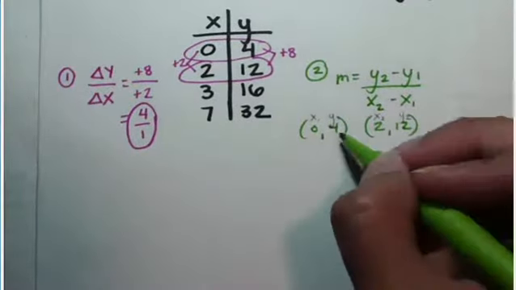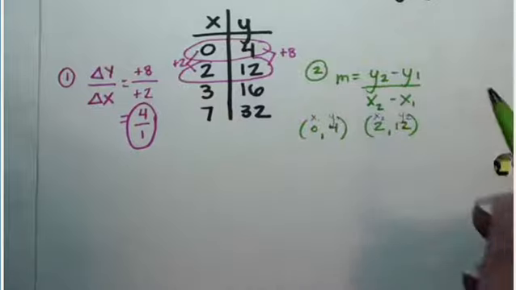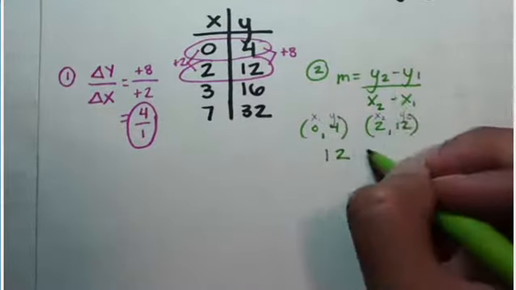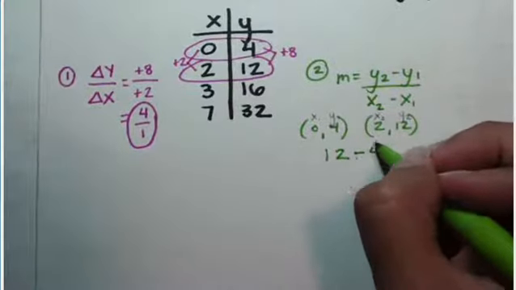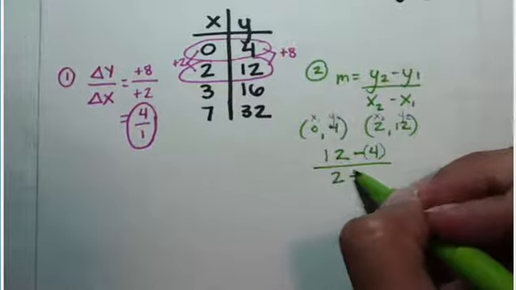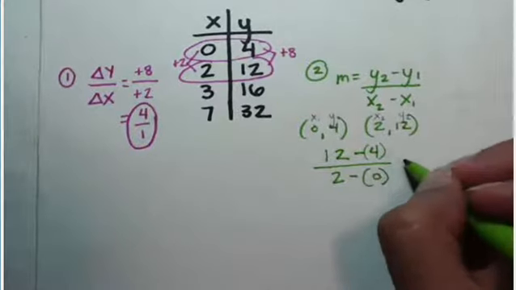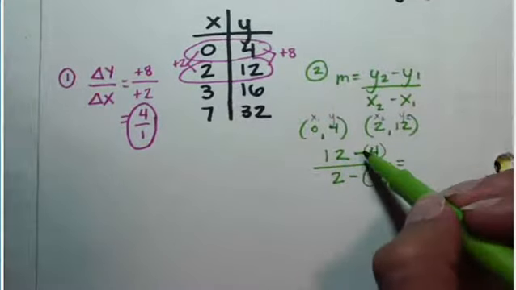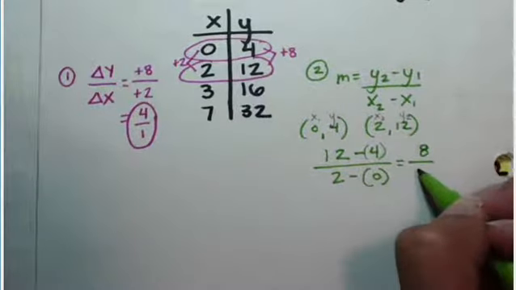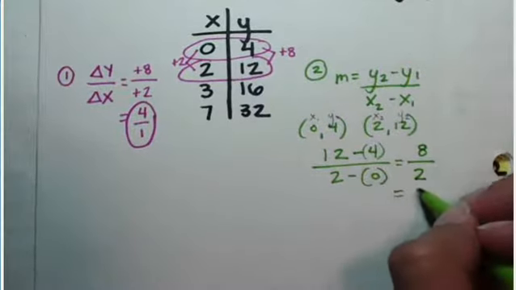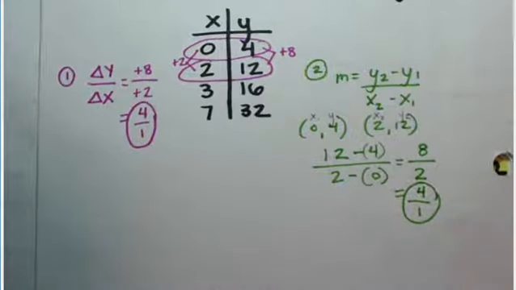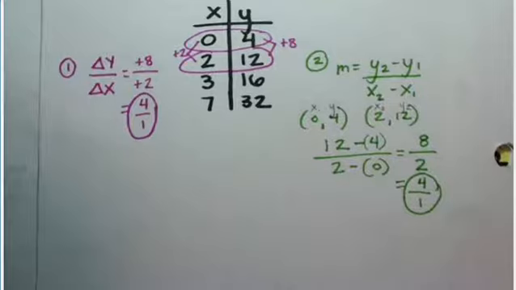And I'm going to go ahead and substitute these numbers in place for the equation. So y2 is 12, minus the y1 is 4, all over x2 is 2, minus the x1 is 0. So I end up having 12 minus 4 is 8, over 2 minus 0 is 2, which simplifies to 4 over 1. So far I have 2 methods that give me the slope of 4 over 1.